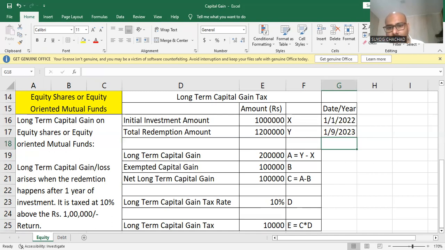So now here you are liable only to pay tax on the remaining amount. So let's say your gain is 2 lakh rupees and 1 lakh is exempted, then you are liable to pay tax on the remaining 1 lakh rupees at the rate of 10%. So 10,000 rupees plus education cess is your total tax liability for equity shares or equity oriented mutual funds if you are holding it for more than 1 year.